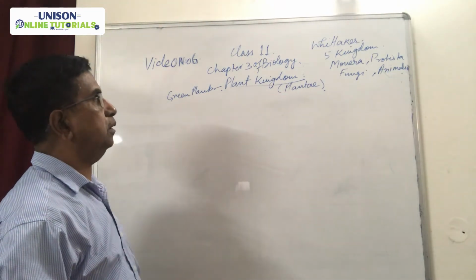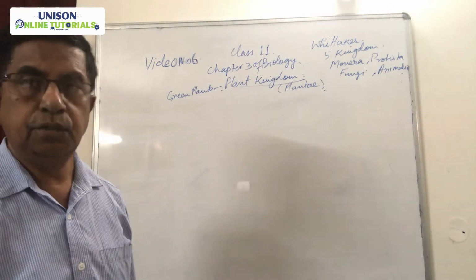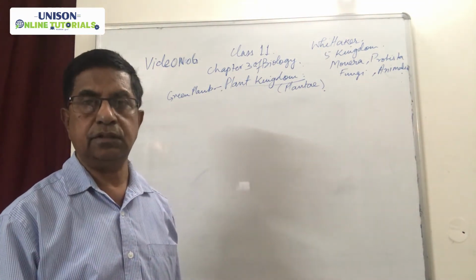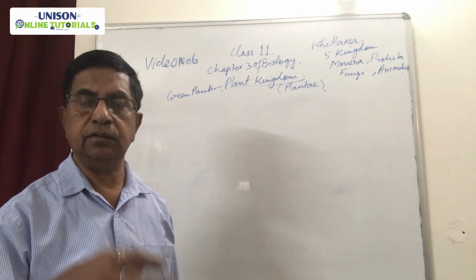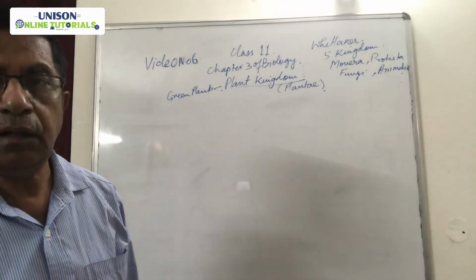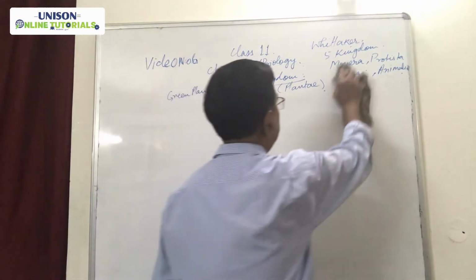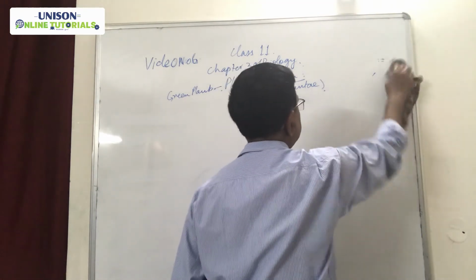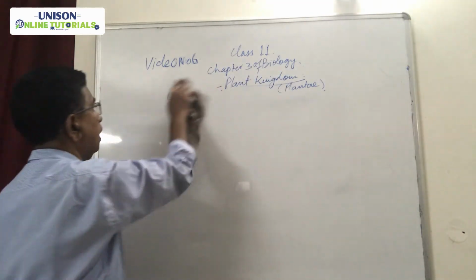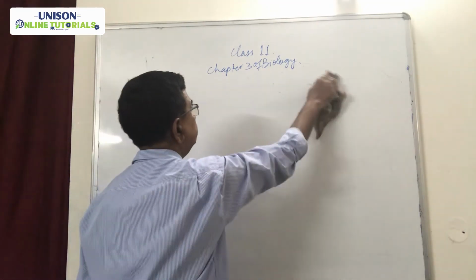In this chapter, we are not following the 2 kingdom classification system given by Carolus Linnaeus or the 5 kingdom classification system given by Whittaker, but we are following a different classification system at the beginning of this chapter, plant kingdom.